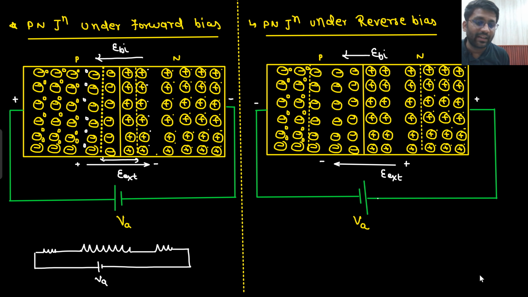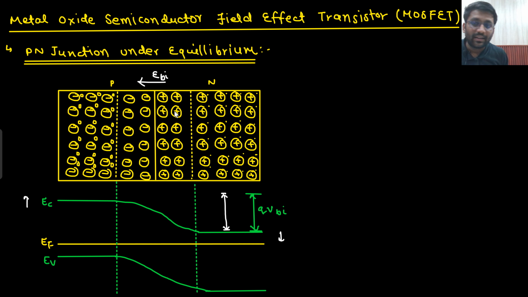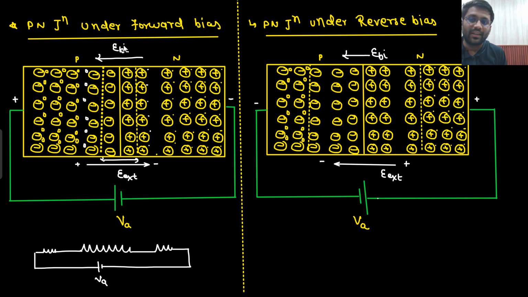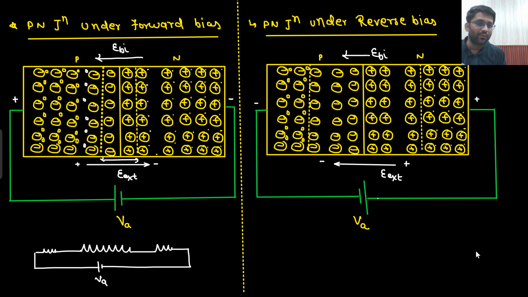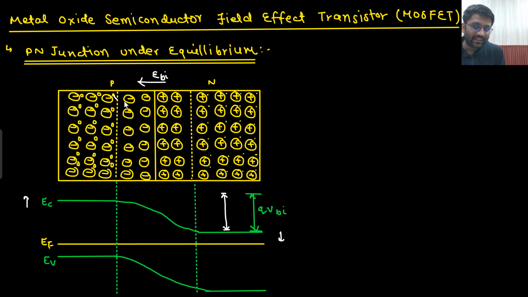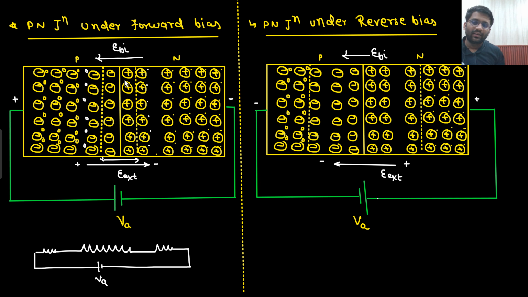But now the hole will say your electric field has become lesser than this electric field. Now your effective electric field has become E built-in minus E external. Now you are not very strong. Previously you were strong. You were not letting me diffuse. Now the electric field will say go back, but the hole will say your potential has reduced now.